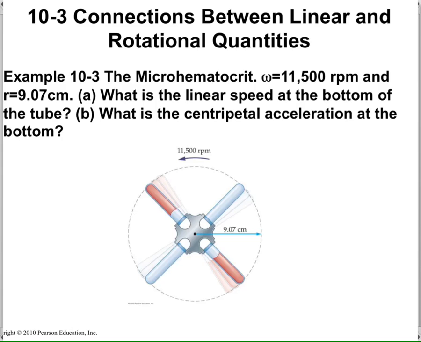With this huge speed, and the radius given as 9.07 centimeters, from the bottom of the tube to the center, the bottom part of this blood will experience very huge centripetal acceleration.